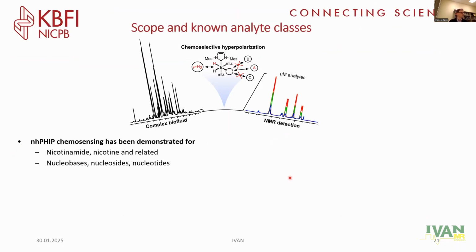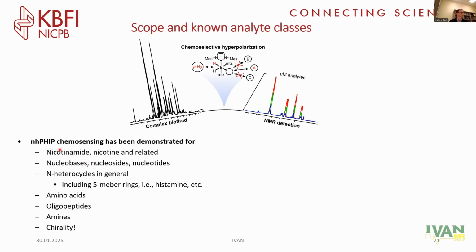So with that, I claim that NH-PHIP has been demonstrated for a series of nitrogenous analytes that can be detected. Also amino acids, oligopeptides, amines pop up briefly in these 2 papers. And while we haven't touched this much ourselves, I need to point this out.